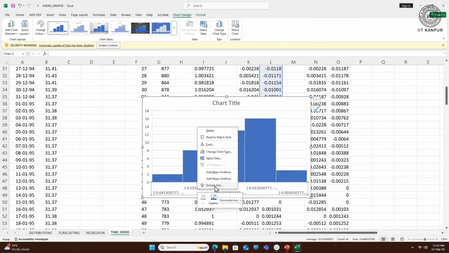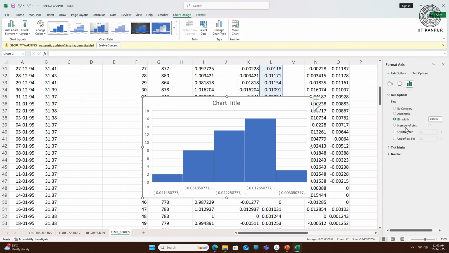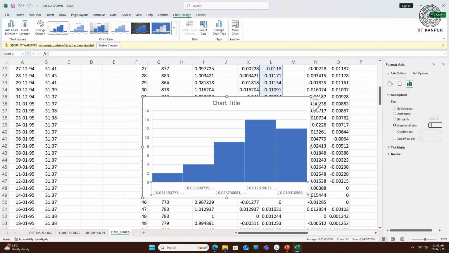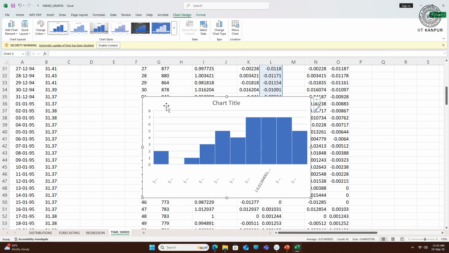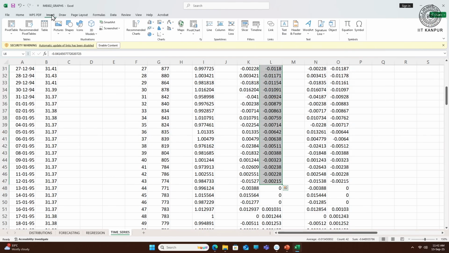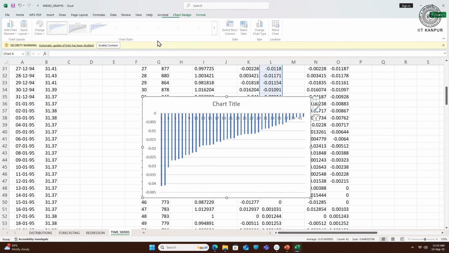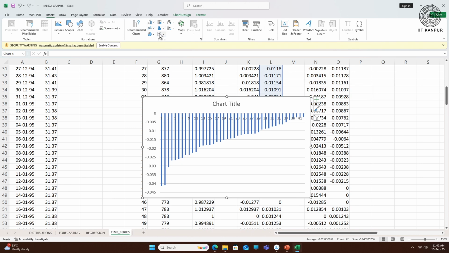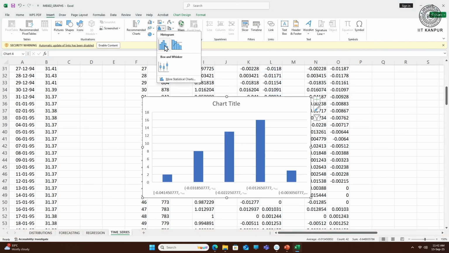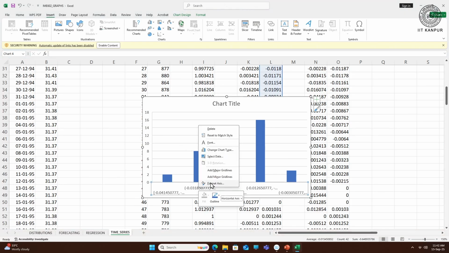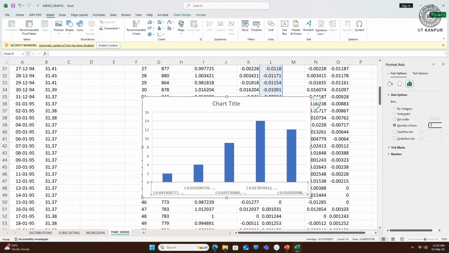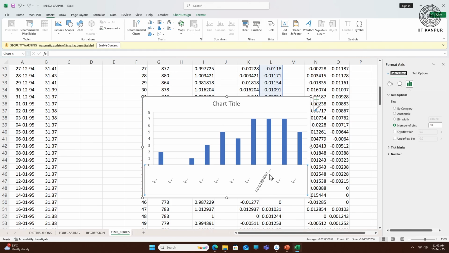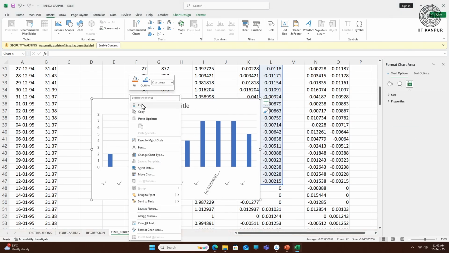This is the negative distribution. Format bin width, number of bins, it becomes 10. So, the distribution would look like this.